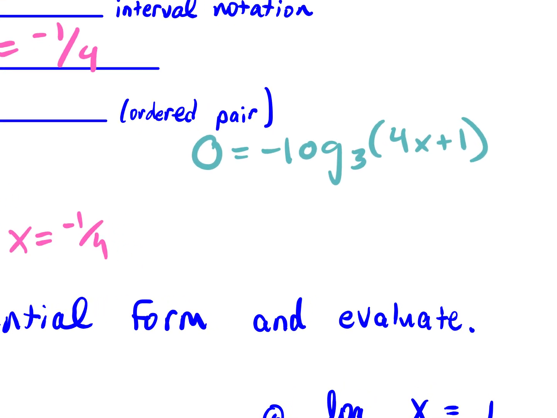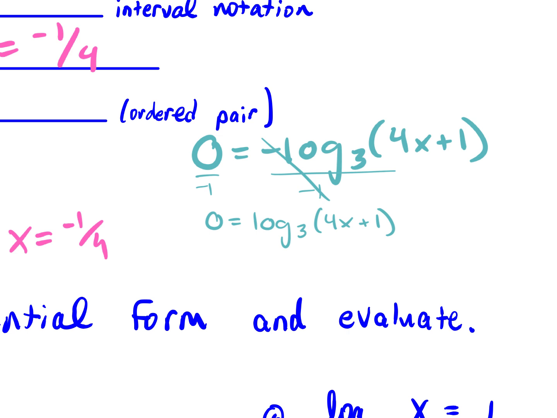How would we solve from here? We've got to divide by negative 1. We need the log all by itself first. So we're going to divide by negative 1. 0 divided by negative 1 is still just 0. So 0 equals log base 3 of 4x plus 1.